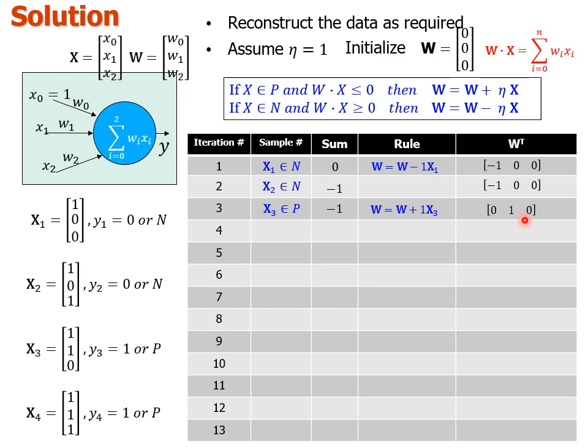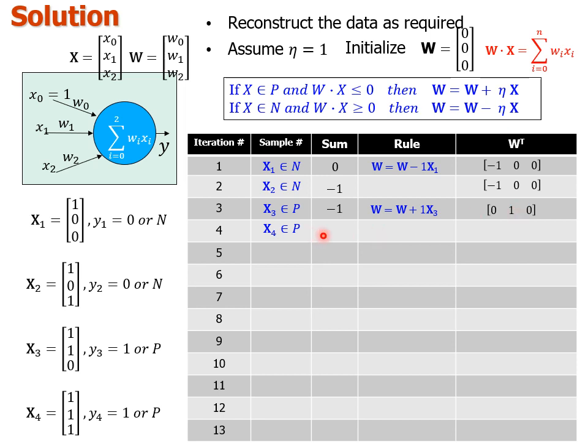Next, in the fourth iteration we are going to present x4 as the input. So x4 belongs to the positive class and has the elements 1 1 1, and the vector w is 0 1 0, which was computed in our third iteration.